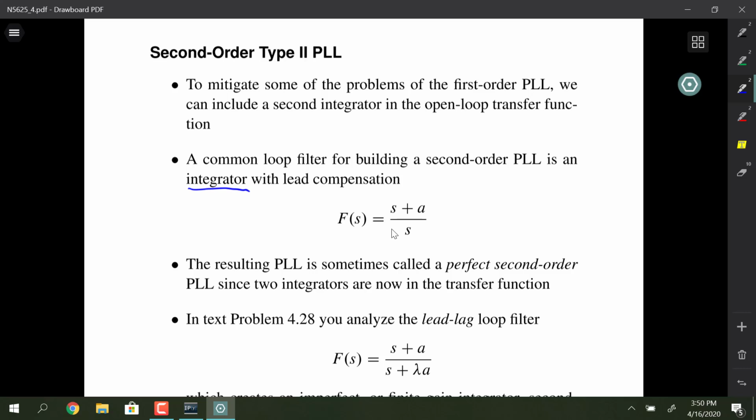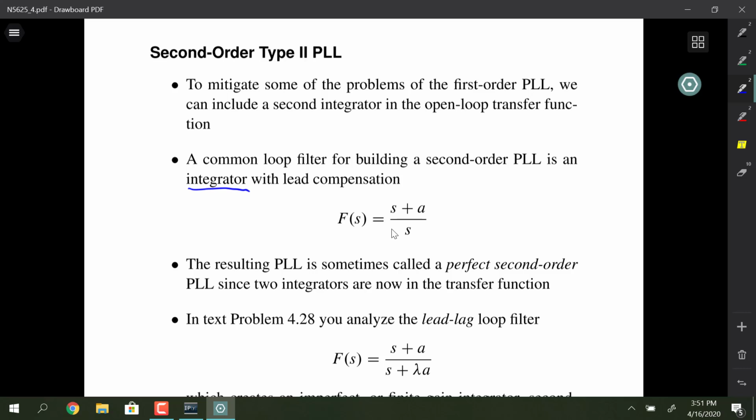But because we now have an integrator in the VCO itself and then the integrator in the loop filter, that nets us out 180 degrees of phase shift around the loop. And since we're already using negative feedback, if we put in an additional 180 degrees with negative feedback, then we'll have positive feedback and our control system will become unstable.